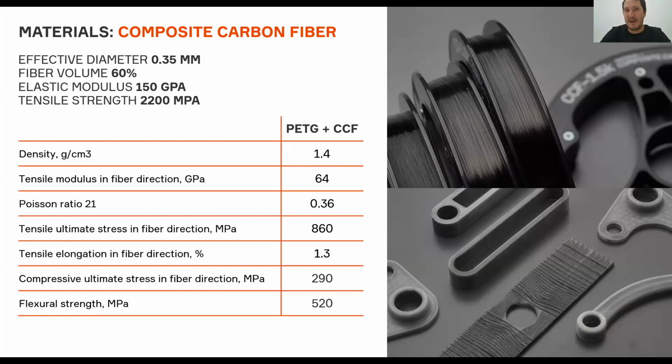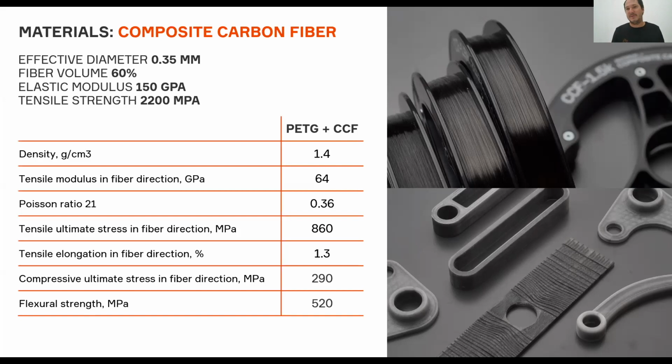So if the fiber has the strength of 2000 MPa and then the plastic has the strength of 40 MPa and they are 50-50, then by the rule of mixtures, the input of the plastic strength is nothing compared to the input of the reinforcing fiber.